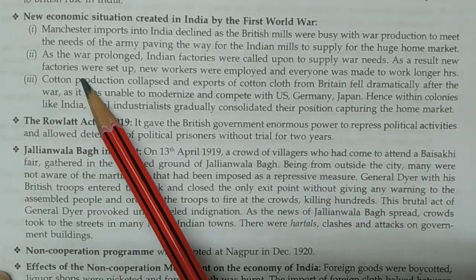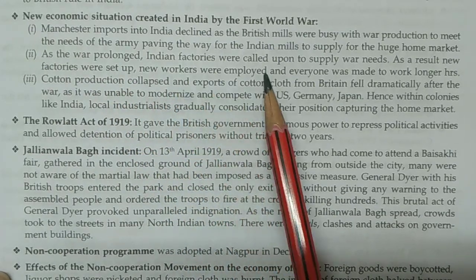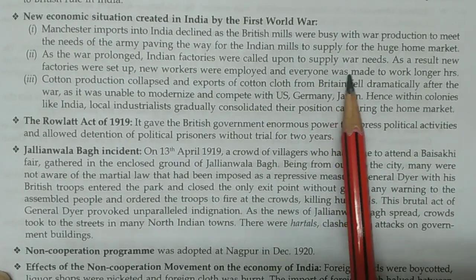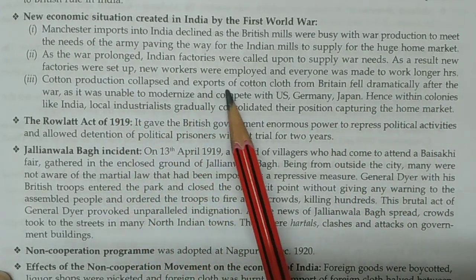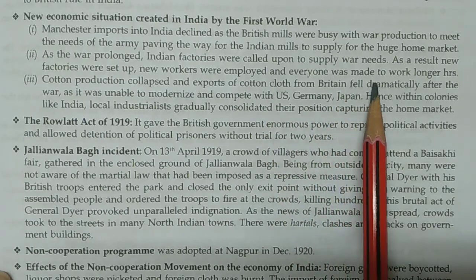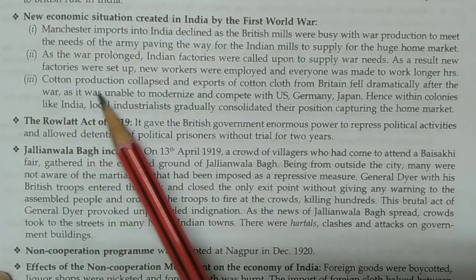As the war prolonged, Indian factories were called upon to supply war needs. As a result, new factories were set up, new workers were employed, and everyone was made to work longer hours. Third, cotton production collapsed.